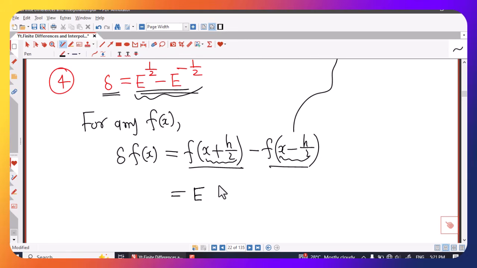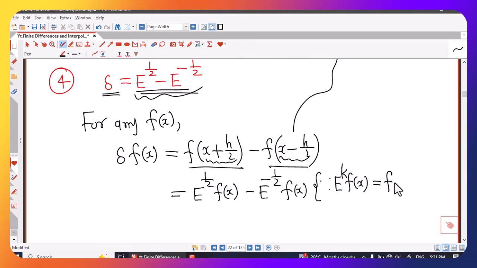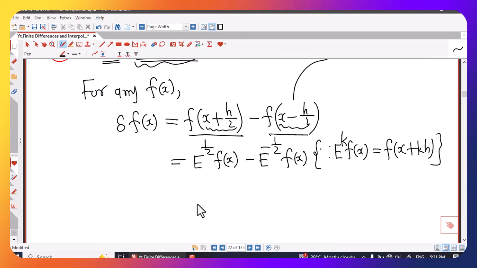So using that property of shift operator, we have e to the power 1 by 2 f(x) minus e to the power minus 1 by 2 f(x), and in the bracket we can mention whatever we are using. We are using the property of shift operator: e to the power k f(x) is f of x plus kh. And this is simple.